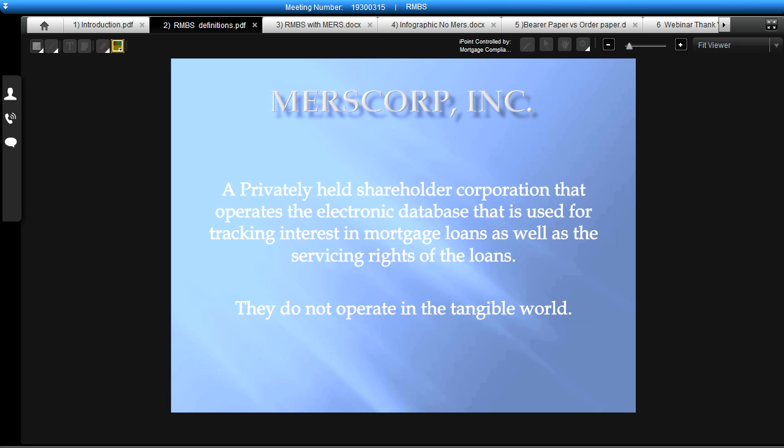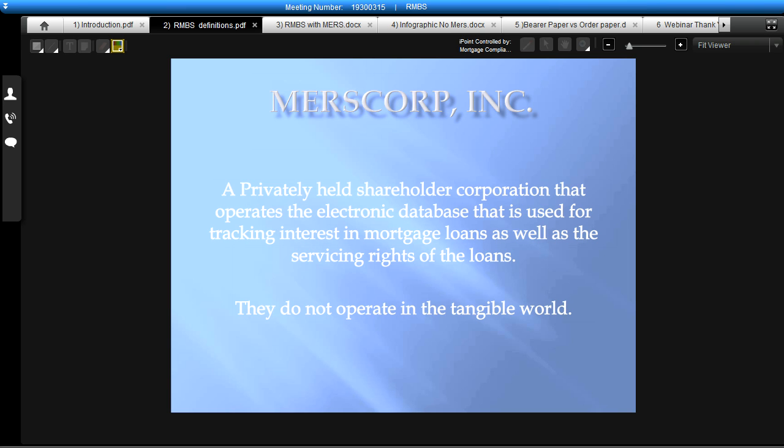They don't operate with tangibles. They can only operate in the intangible world. MERS Corp. Incorporated is a privately held shareholder corporation that operates the electronic database that is used for tracking the interest in mortgage loans as well as the servicing rights of the loans.